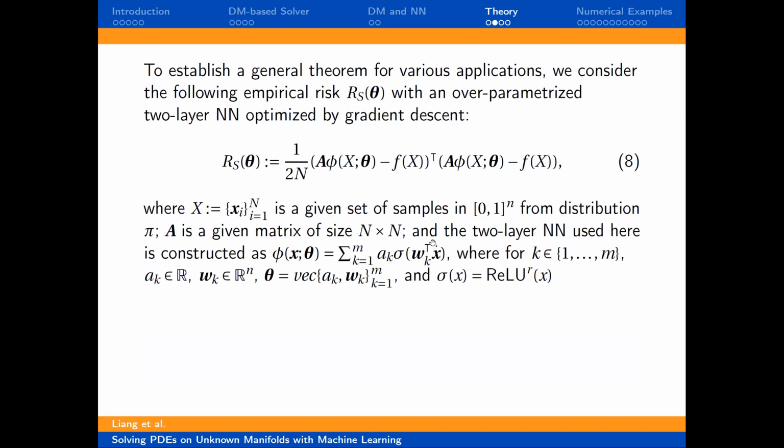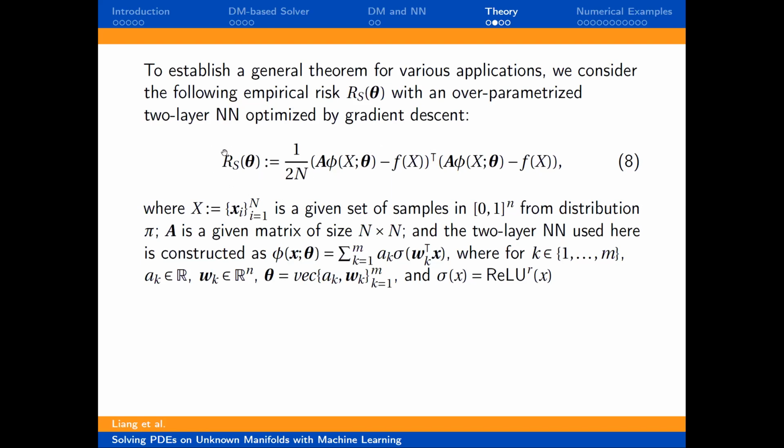We want to show the global convergence of our method, and to establish a more general theorem for our problem, we define the empirical risk R_S with the two-layer neural networks optimized by gradient descent.